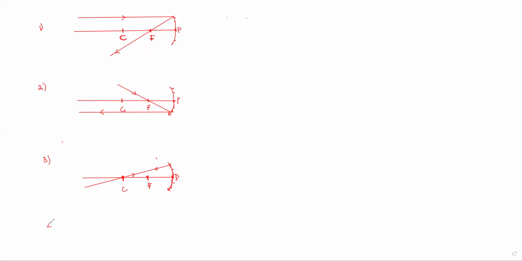Then the fourth rule. So if this is P, C, the center of curvature, is here, and we have half of this being F. The last rule says that a ray of light hitting the pole must also reflect at the same angle.